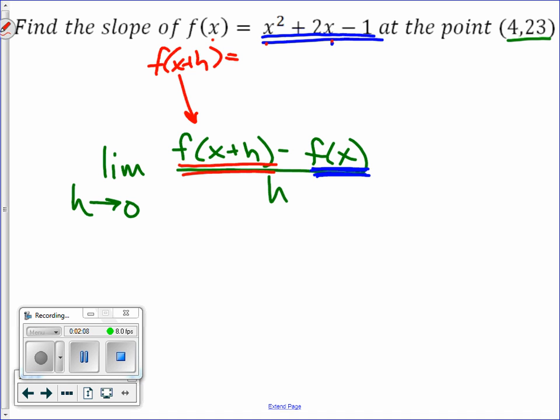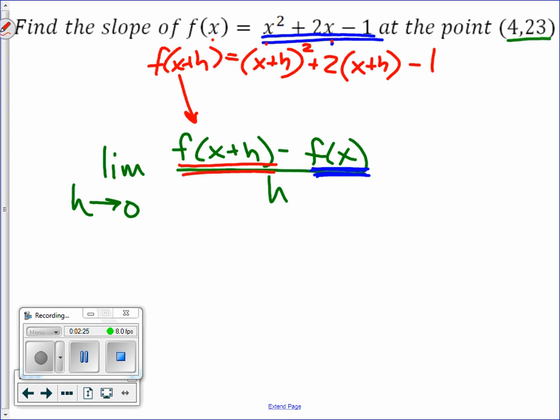So if f of x is x squared plus 2x minus 1, then f of x plus h is (x plus h) squared plus 2(x plus h) minus 1.